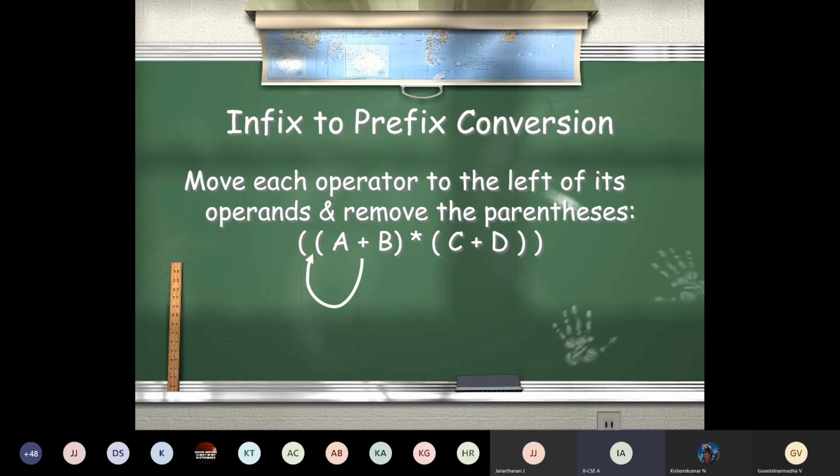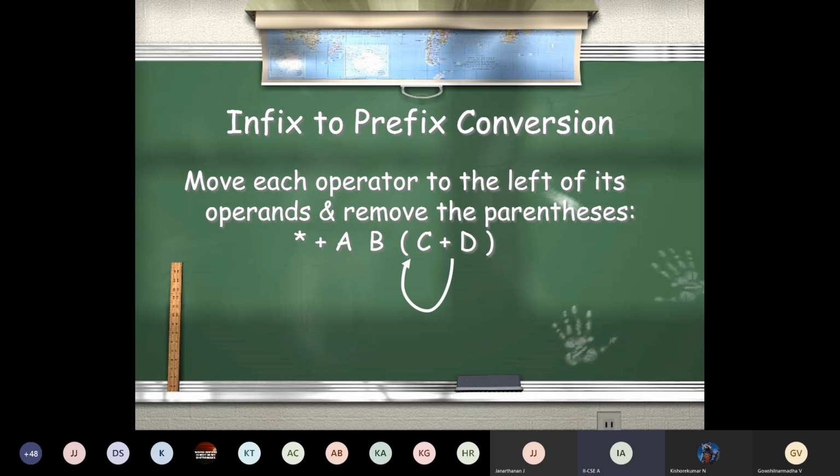If you take that plus to the front portion, it will become plus ab. And then the next one is to solve the parenthesis c plus d. In that case, that plus should go in the front. And when you take the star also, it should go in the front. So star will also go to the front.